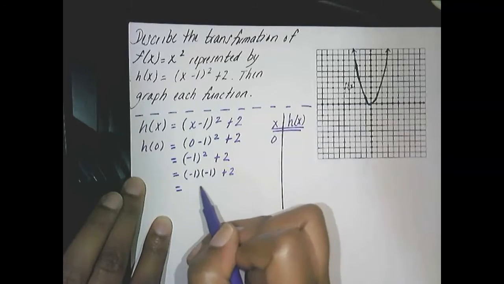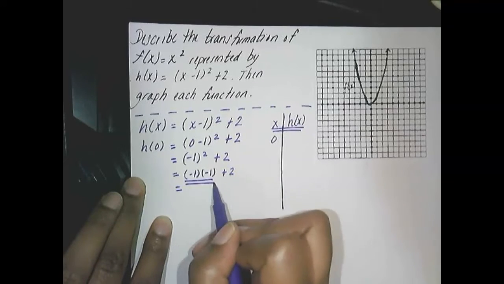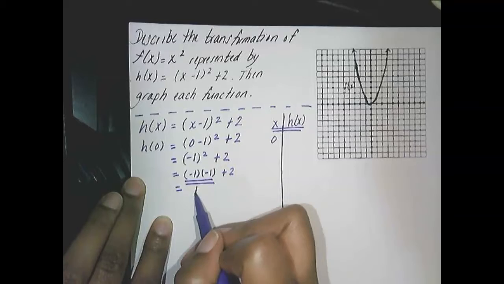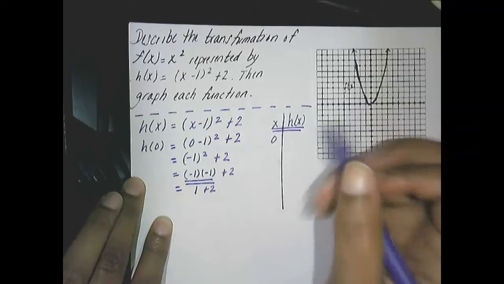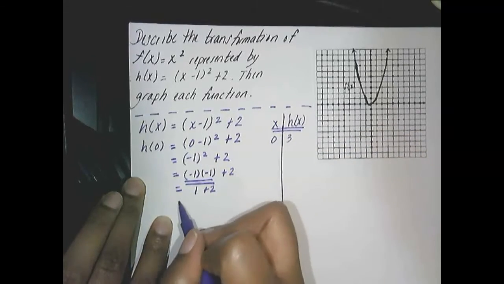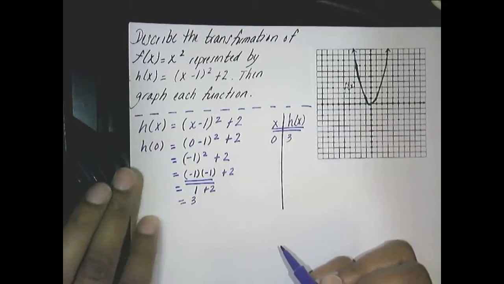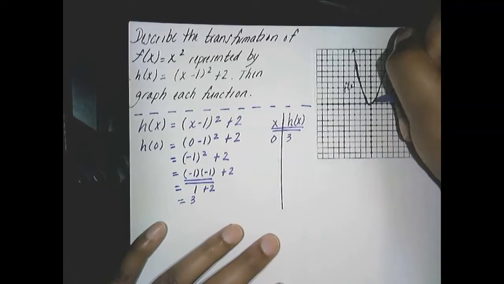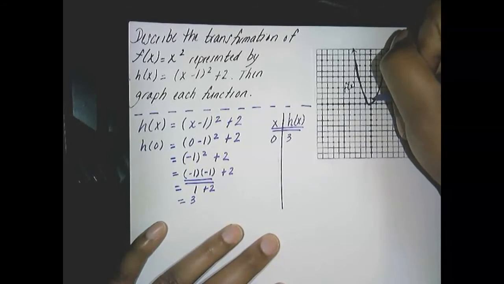So -1 times -1 becomes +1, plus 2, and so we're going to start out at (0, 3). So at the origin we are already up 1, 2, 3. So we have a point there.